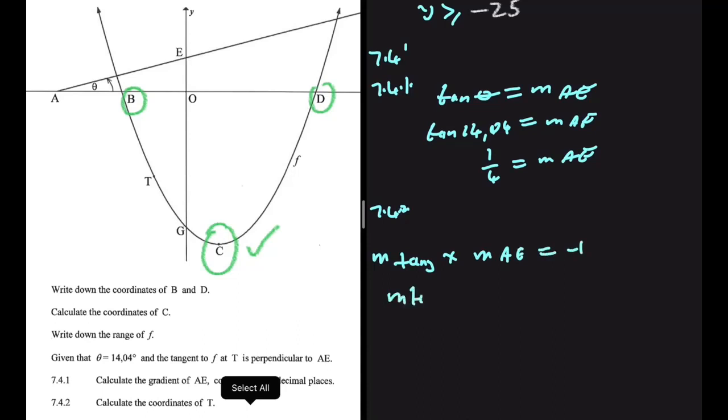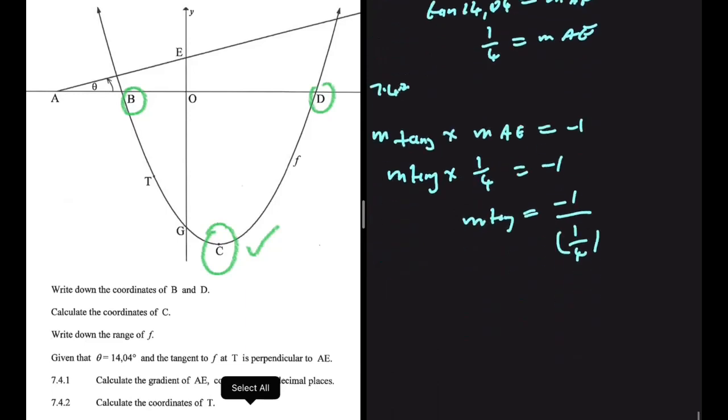So the gradient of the tangent multiplied by 1 divided by 4 is equal to minus 1. So the gradient of the tangent will be minus 1 divided by 1 over 4. If you solve that, you should get minus 4 as the gradient of our tangent.